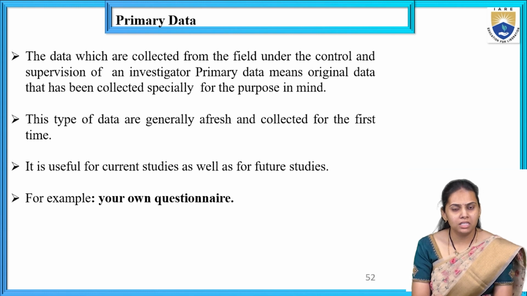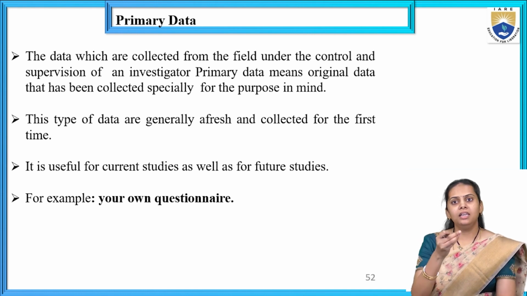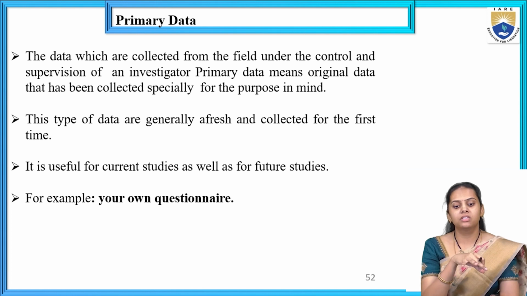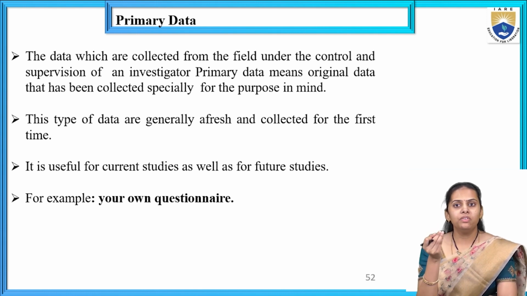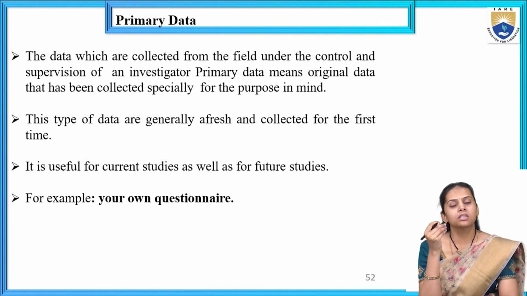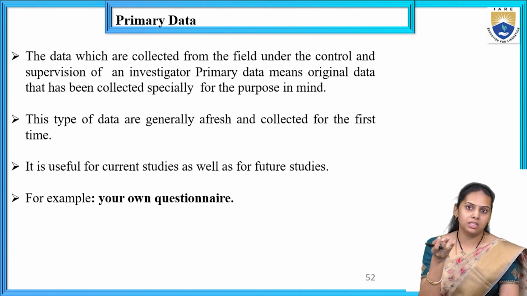Primary data means original data that has been collected specially for the purpose in mind. This type of data is generally fresh and collected for the first time. It is useful for current issues or current studies as well as for future studies.